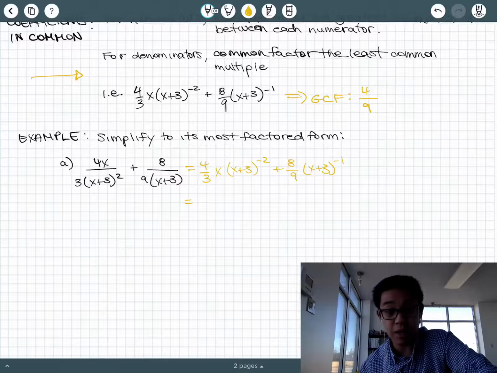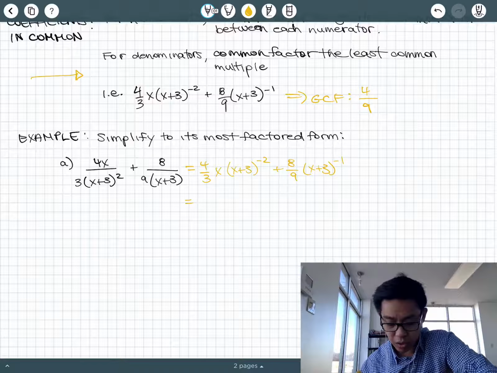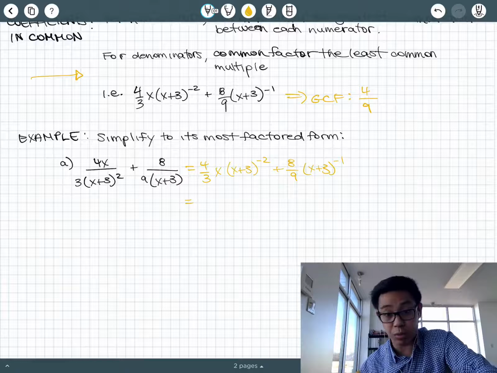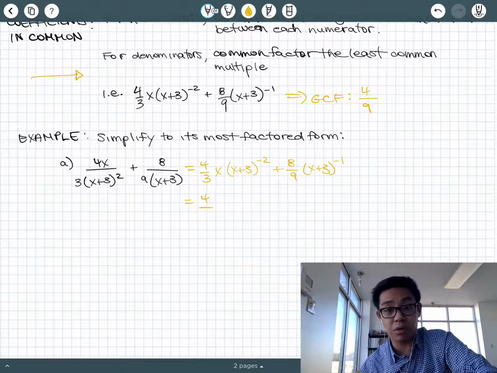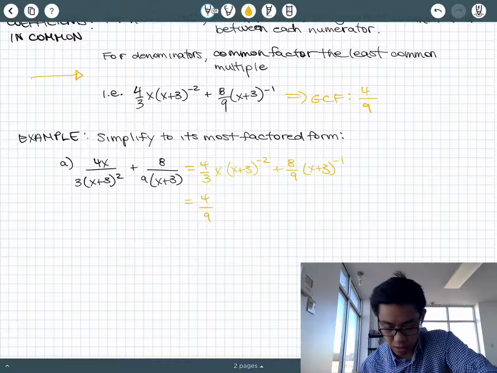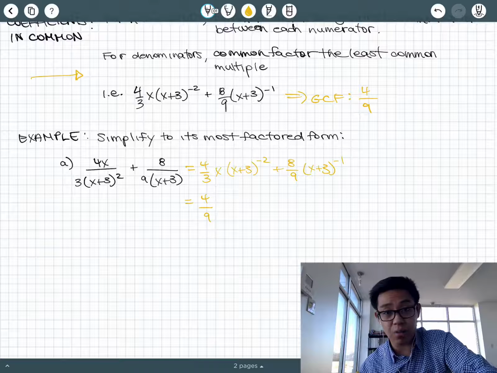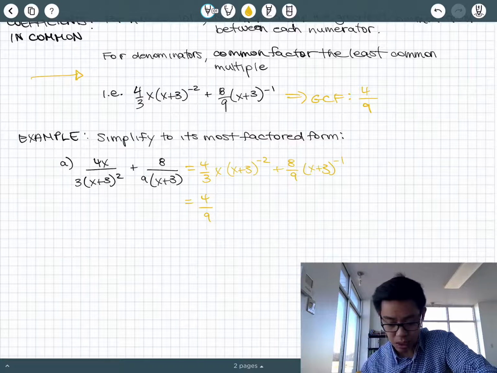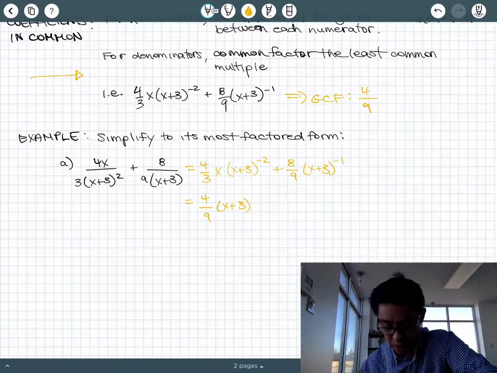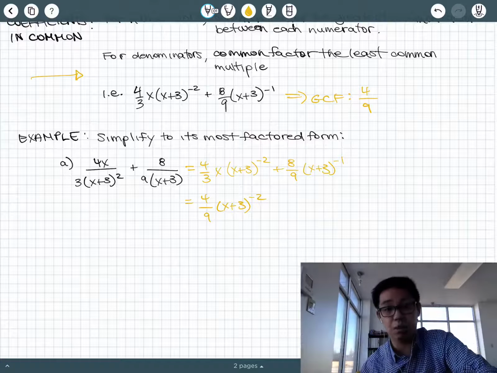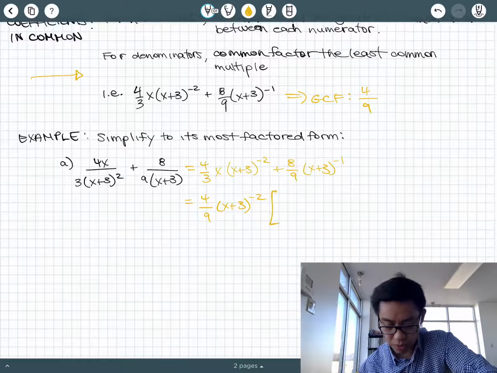Next, we talked about the coefficient you would pull out. Between 4 and 8, what's in common is a 4, and for the common denominator between 3 and 9, it's a 9. The only function that they have in common is not x, but x plus 3. The second term doesn't have an x to pull out. So we'll take out x plus 3 to the negative 2. That's the lowest exponent.